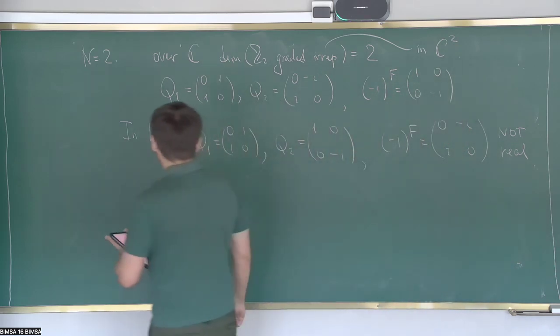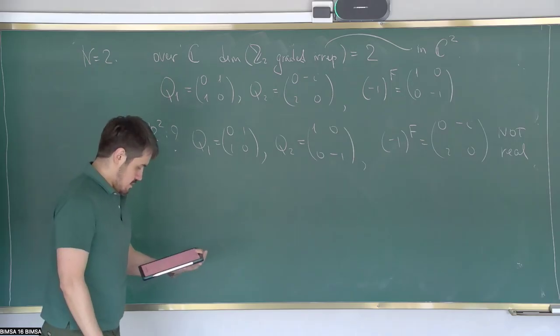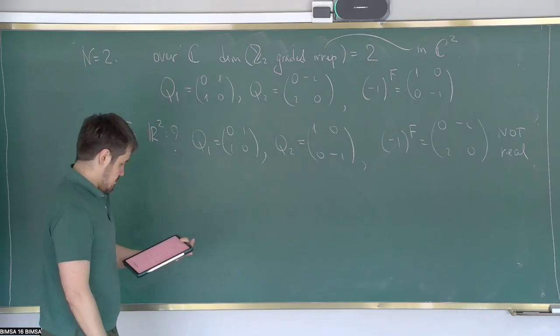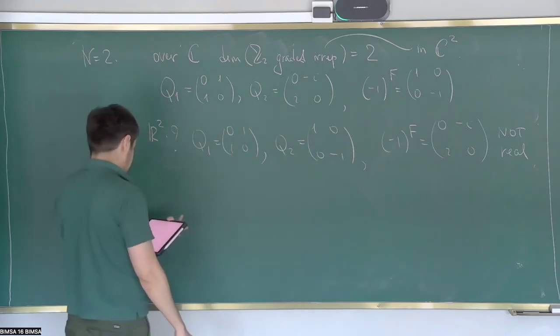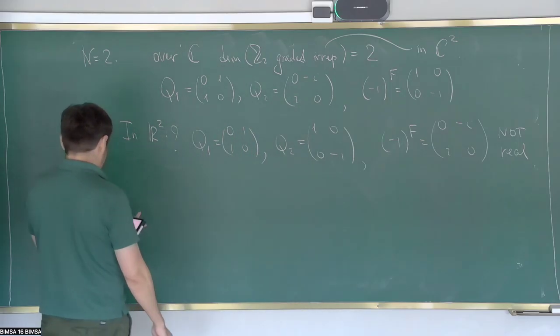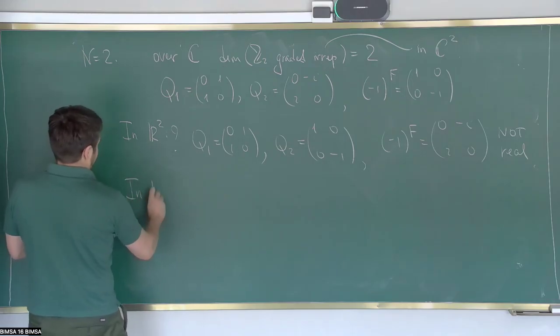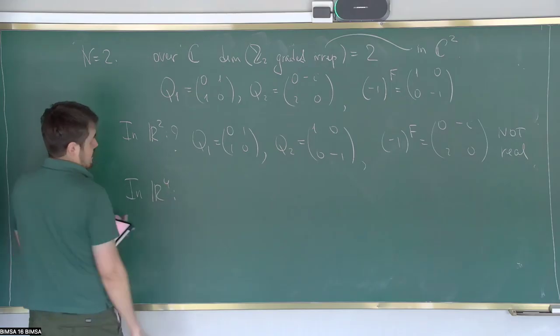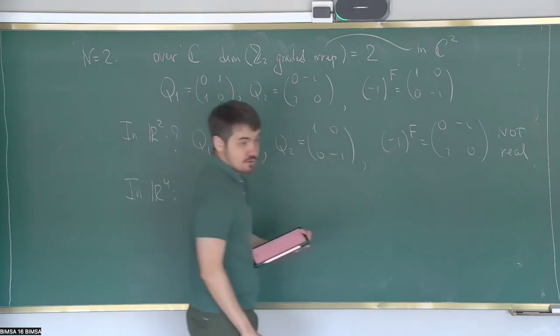So this is not really a representation in R2. So the Z2 graded representation of the real algebra is of dimension 4. So you can represent it in R4, basically just by promoting these i's to matrices.